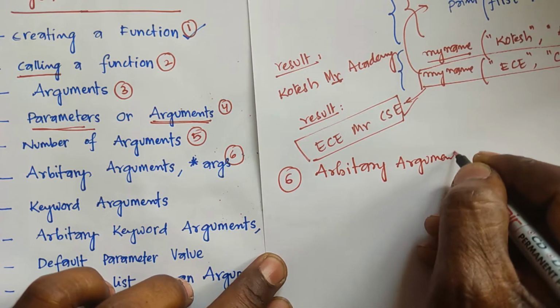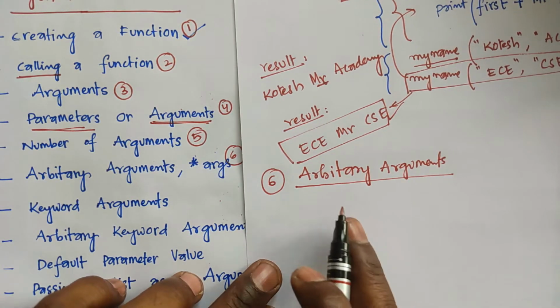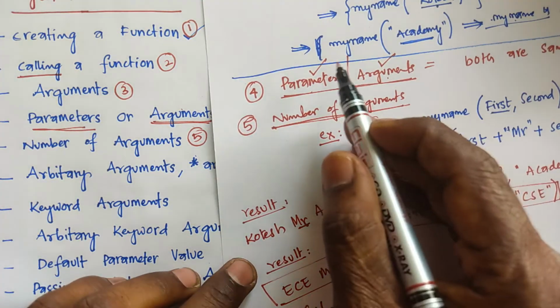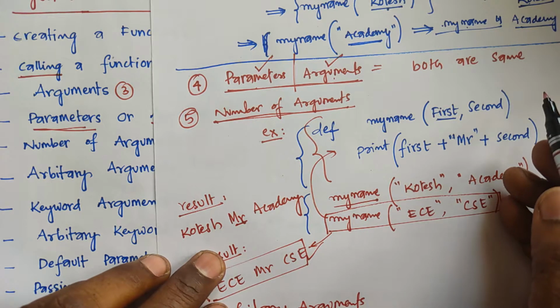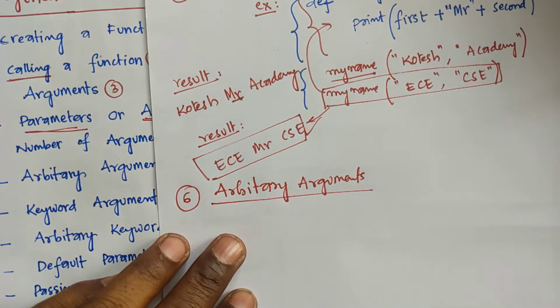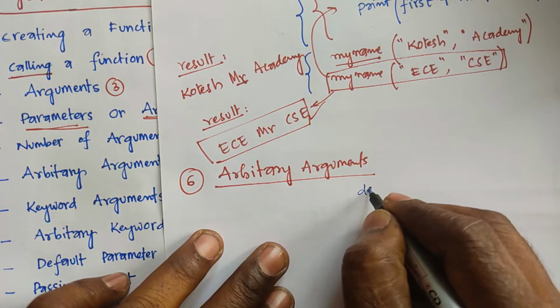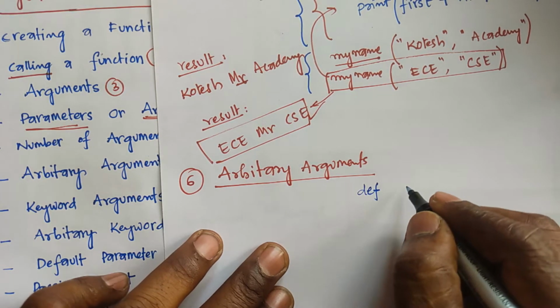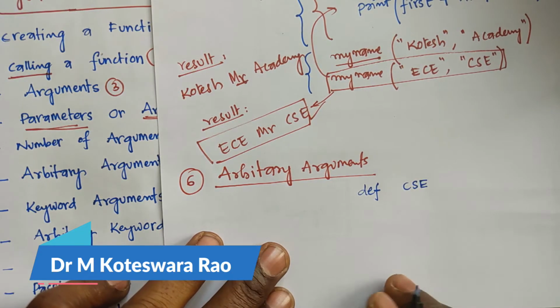So what is the difference between number of arguments and arbitrary arguments? With number of arguments, you have to define how many parameters you want. For example, for arbitrary arguments, I am creating the function with def, and my function name is CSE.